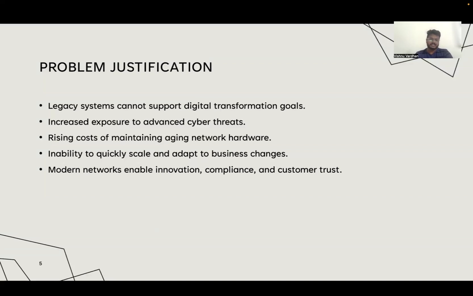Without modernization, organizations face growing security threats, risk, and increased operational cost. They also lose opportunities to evolve and scale. This makes upgrading the network not just satisfying but essential, both for day-to-day operations and for future competitiveness.